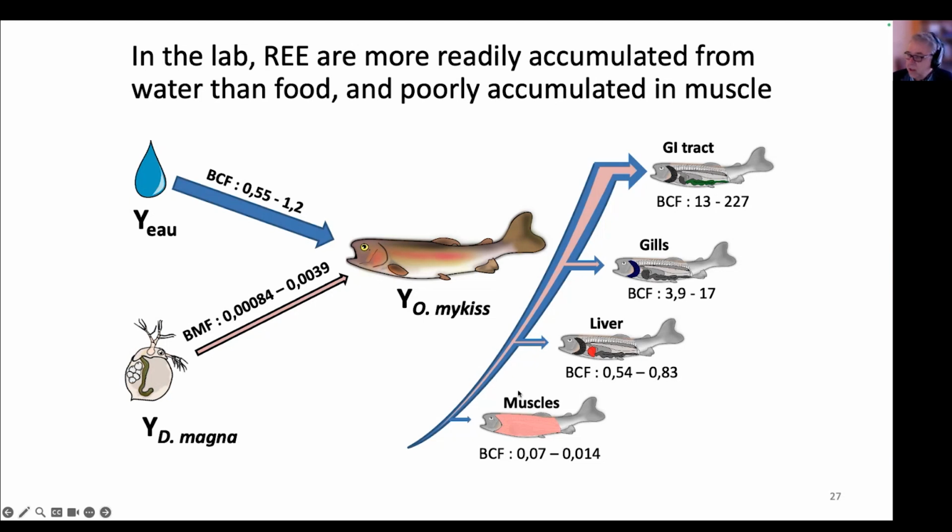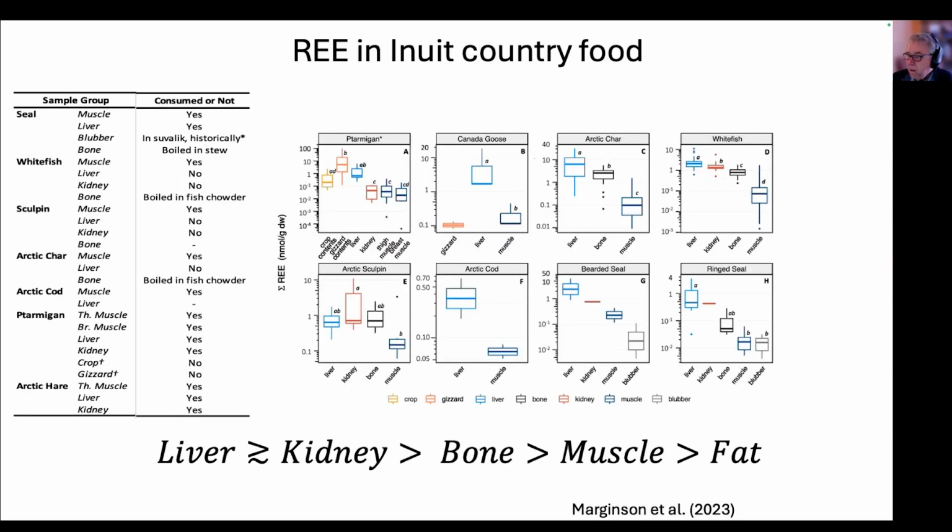This is consistent with the data I will show now on real animals from the wild from Nunavik. So this experiment showed us that water uptake is an important route, that muscles are not great bioaccumulators, and that livers are better accumulators. With the Kangiqsualujjuaq community, we collected many Inuit country foods.